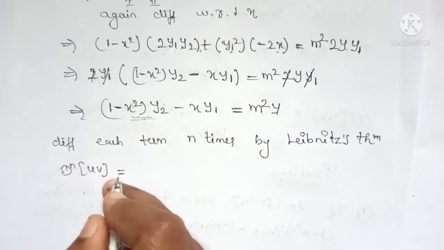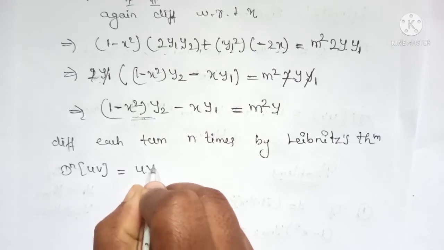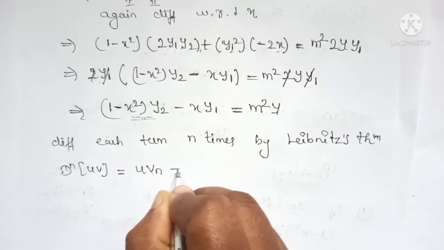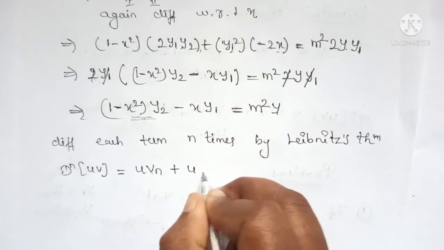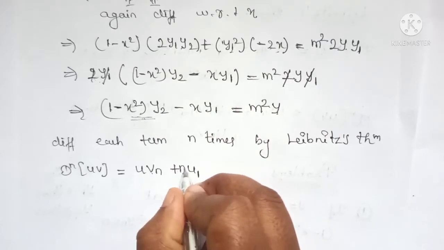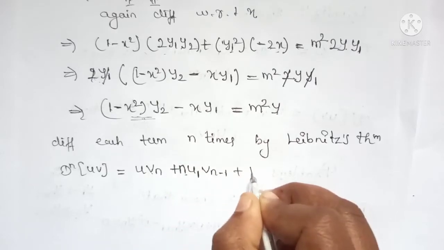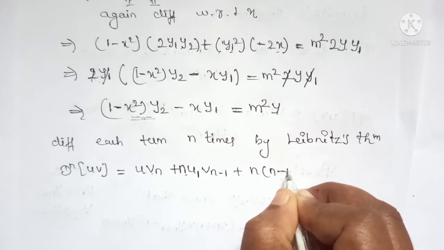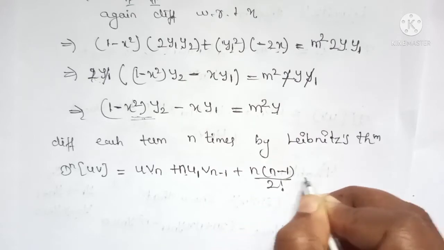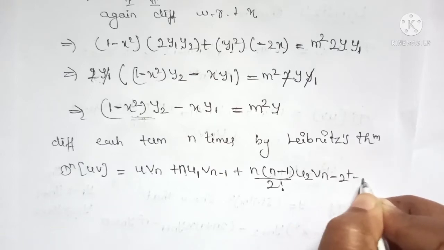The nth derivative of the product of two functions is equal to u as it is, nth derivative of v, plus n into u1, that is the differentiation of u, where we get one constant here, v(n minus 1), plus n into (n minus 1) by 2 factorial into u2 v(n minus 2), and so on.